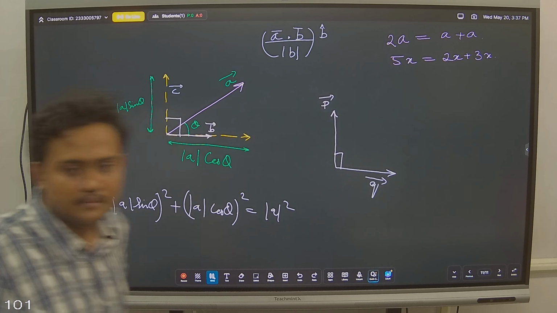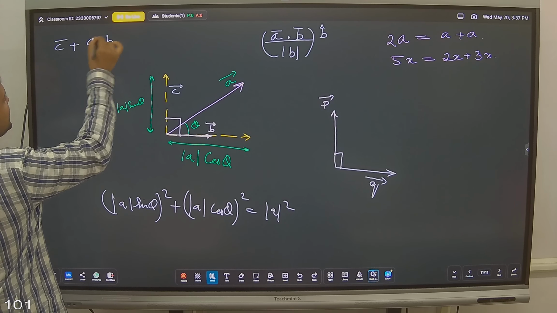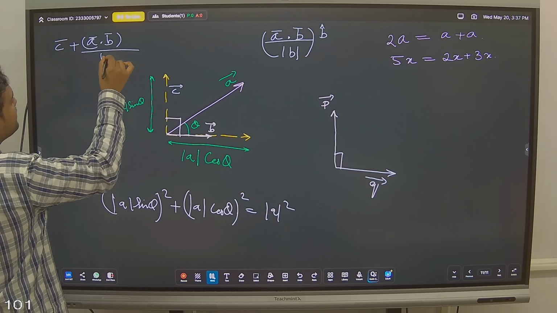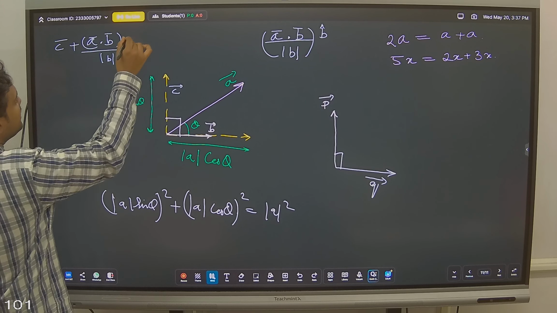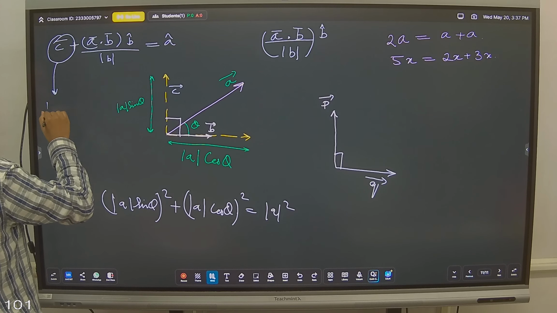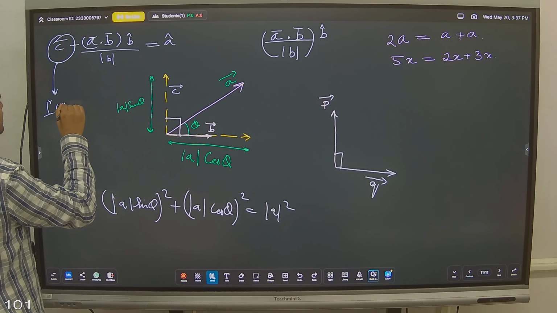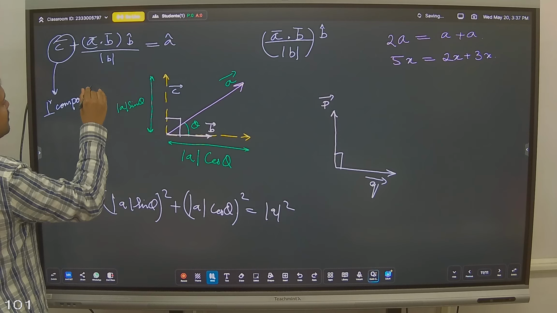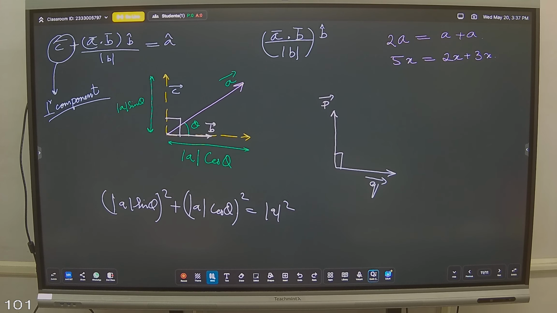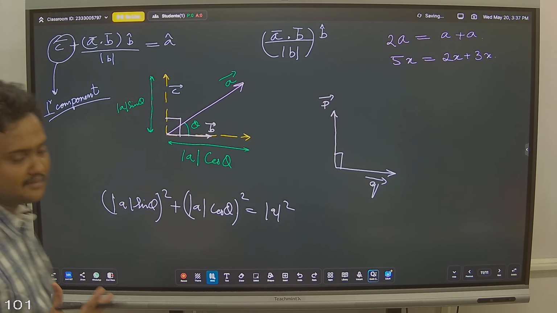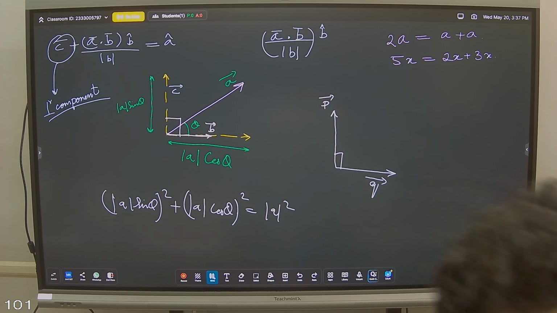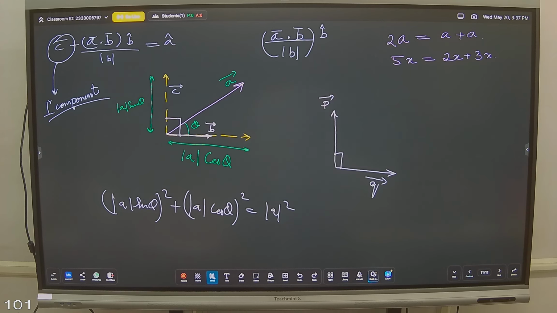C vector plus A dot B divided by mod B into B cap will give me A vector, where this C is the perpendicular component. Yes, sorry, not A cap. My mistake.